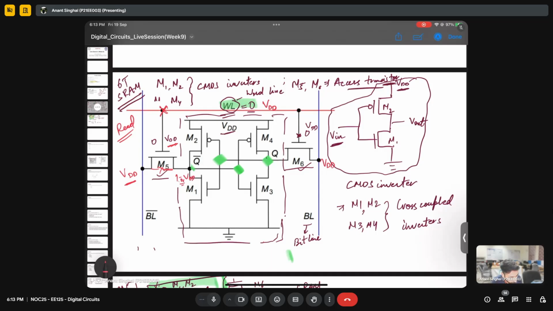Once we have VDD here, that is at the input of this M3 M4 inverter. What is the input of this particular inverter? Q complement, right? For example, we have just made Q complement VDD. Similarly, because of the inverter nature, the Q will become 0, right? Does it make sense, everyone?